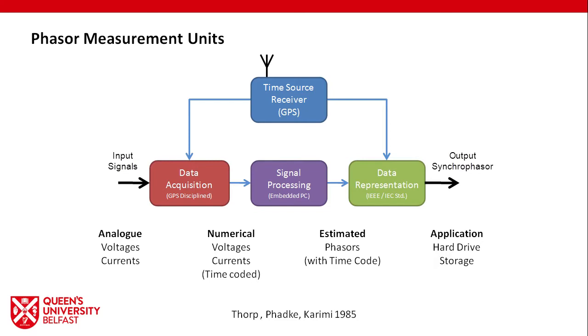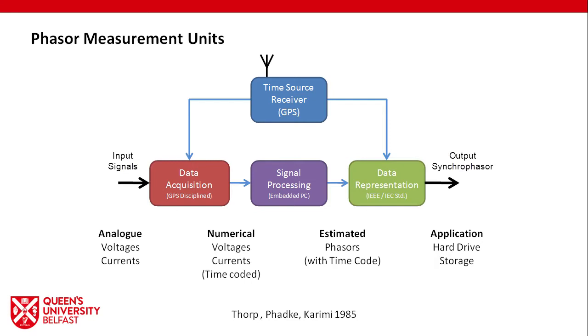There is data acquisition, which converts analog voltage and current waveforms into numerical values. These numerical values are then applied to some form of signal processing, and from this signal processing we arrive at estimations of the magnitude of the waveforms, their phase angles, and other attributes such as frequency, rate of change of frequency, and whatnot.